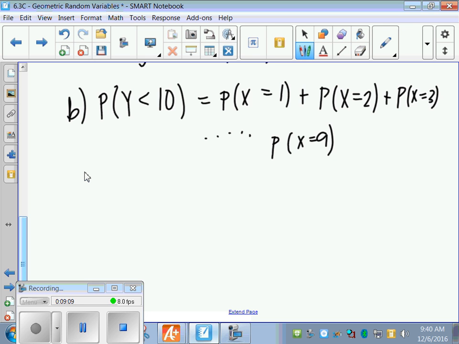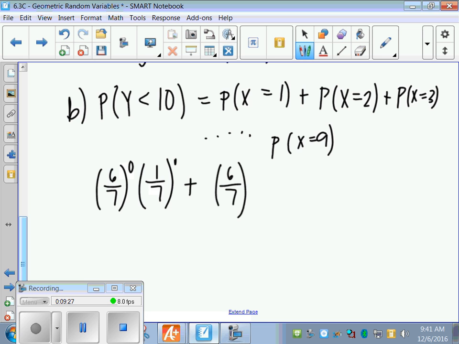So less than 10. If I want to get it right on the first try, that means we take the probability of failing, and that never happens, times the probability of it happening to the first power. Okay? That represents y equals 1. What if we get it right on the second try? Well, that means we have to get it wrong one time and then get it right on the second try.